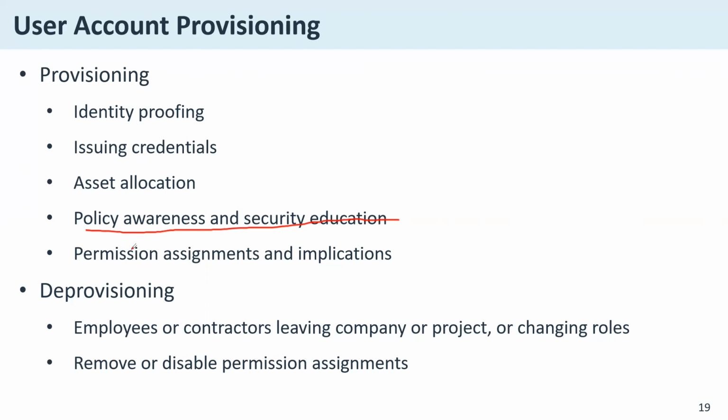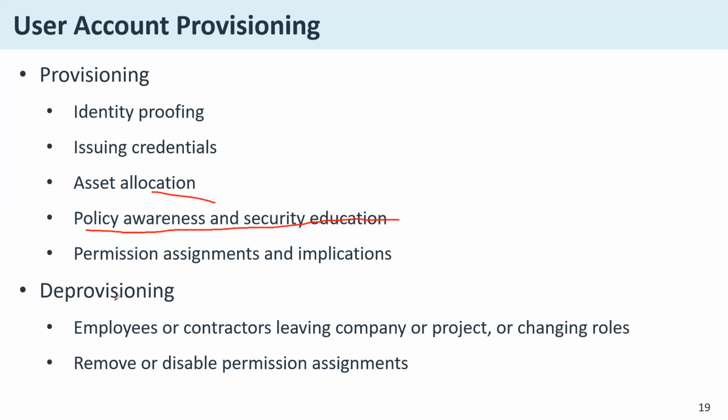Then you must assign permission. Once you do all of these things, here is you trying to prove the identity. Then you want to grant username and password to the persons. Then once you give that, you say, okay, you can see this, you can see that. Then you want to educate people. Here, you want to now assign permissions.